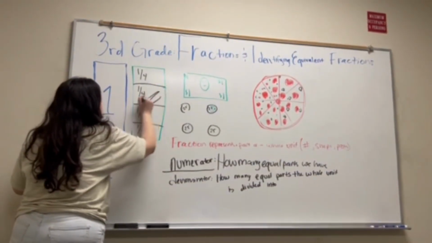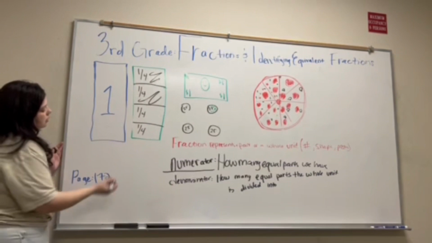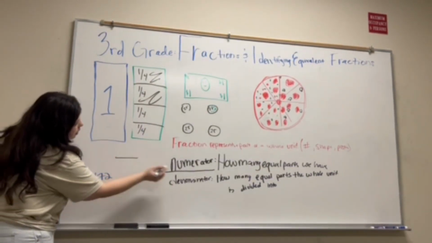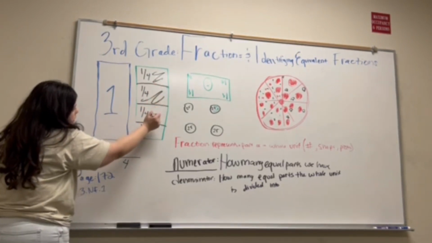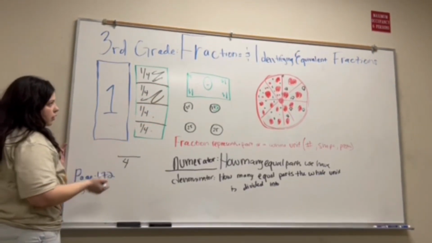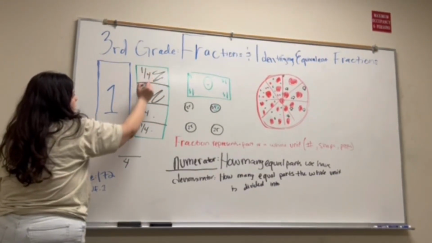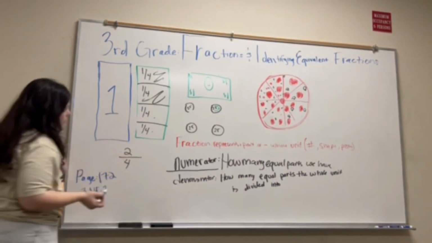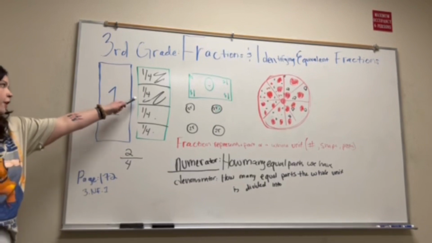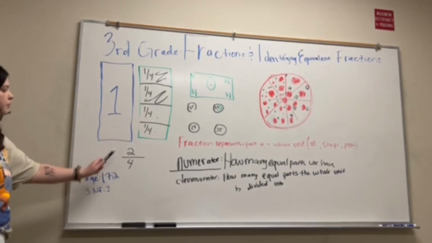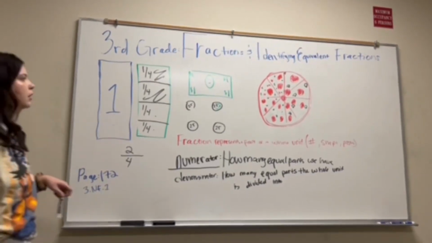And Maddie wants half of it. That would make our denominator 4. We have 4 equal sections. And our numerator 1 and 2. So this would be the fraction corresponding to this shape, 2/4.